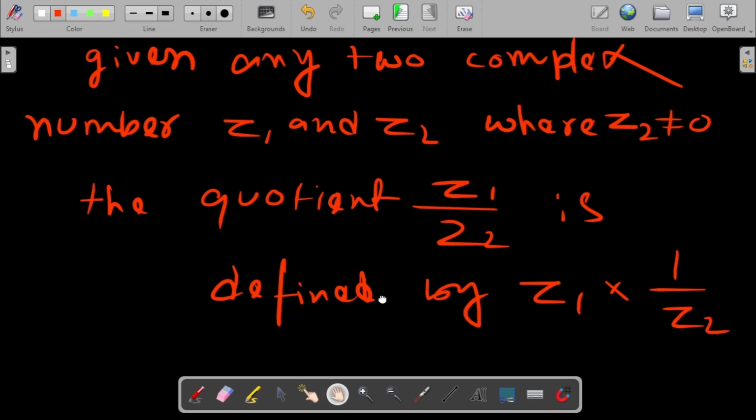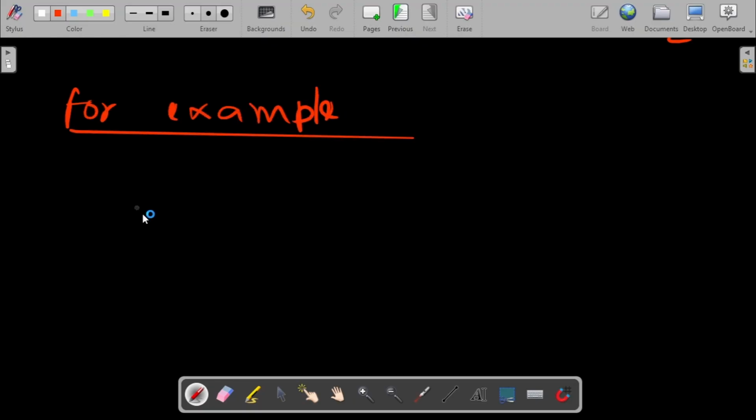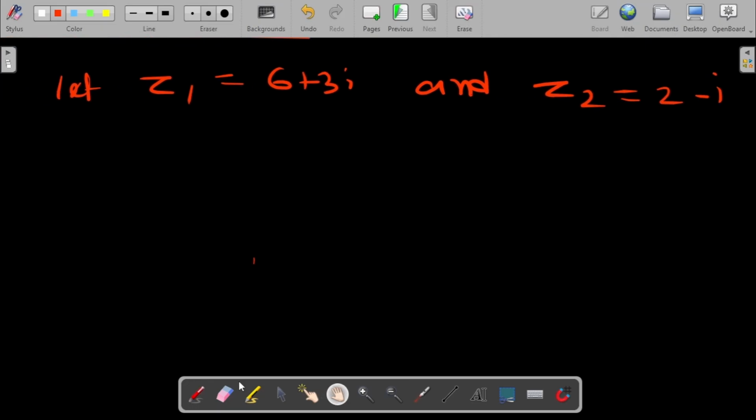So for example, if I take two complex numbers, let Z1 equal 6 + 3i and Z2 equal 2 - i. Now we have to find the division of two complex numbers, that is Z1 divided by Z2.